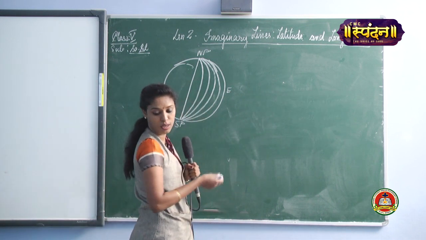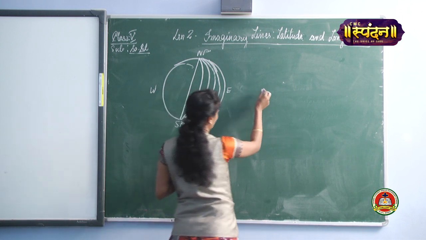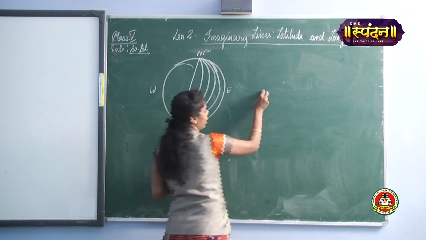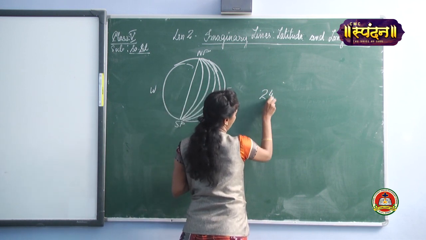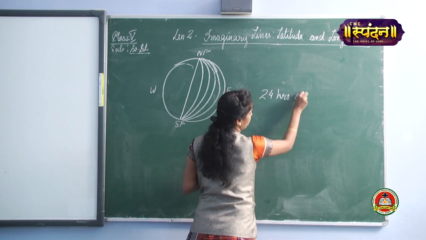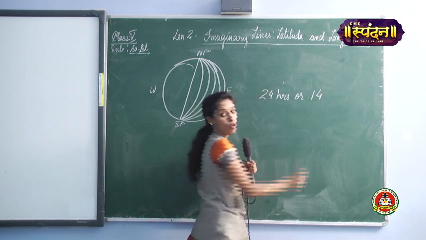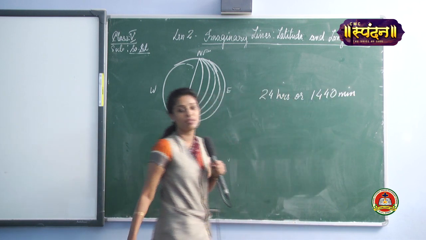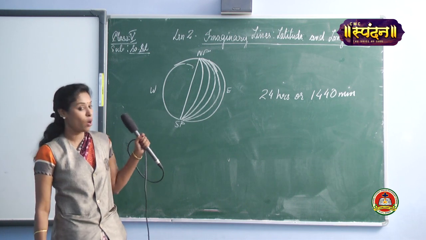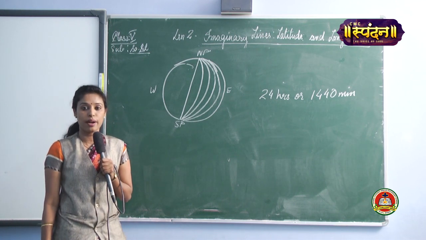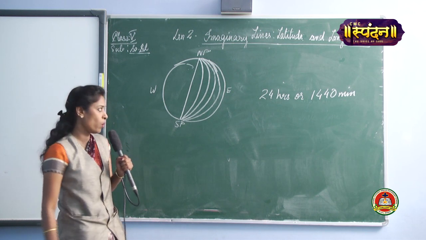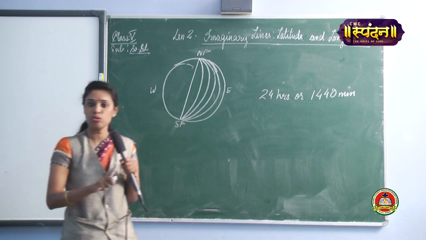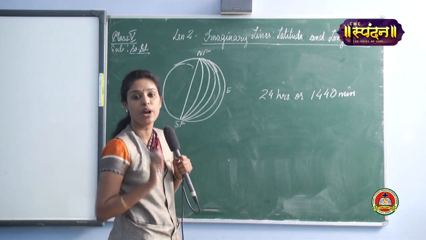So your earth rotates, and when it reaches 360, all the longitudes cover up in 24 hours, or 1440 minutes. Now we want to know how much time one longitude takes to reach in front of the sun.